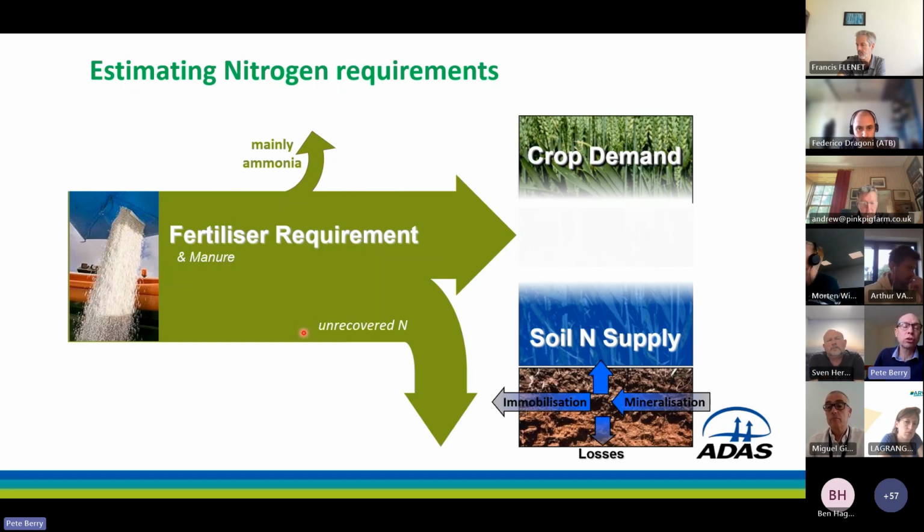But you need to also consider what efficiency the fertilizer that's applied is going to be delivered to the crop. So you need to consider loss pathways such as ammonia emissions or nitrogen which isn't taken up by the crop, is immobilized, for example, to be able to work out exactly how much synthetic or organic material fertilizer to apply.